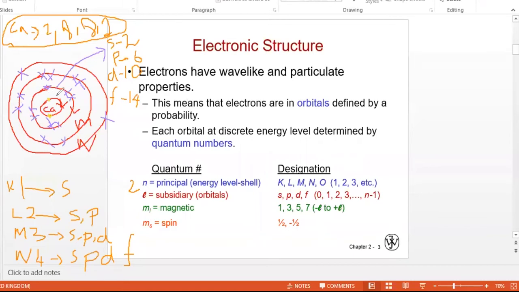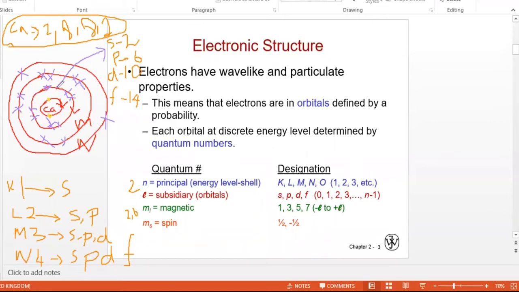Since the first orbit can have a maximum of 2, for calcium we write first 2. Now we go for the next orbit, the second orbit. In this second orbit, I told you s and p can be there. So s means 2, and p means 6. So 2 and 6, how much is that? Totally 8.